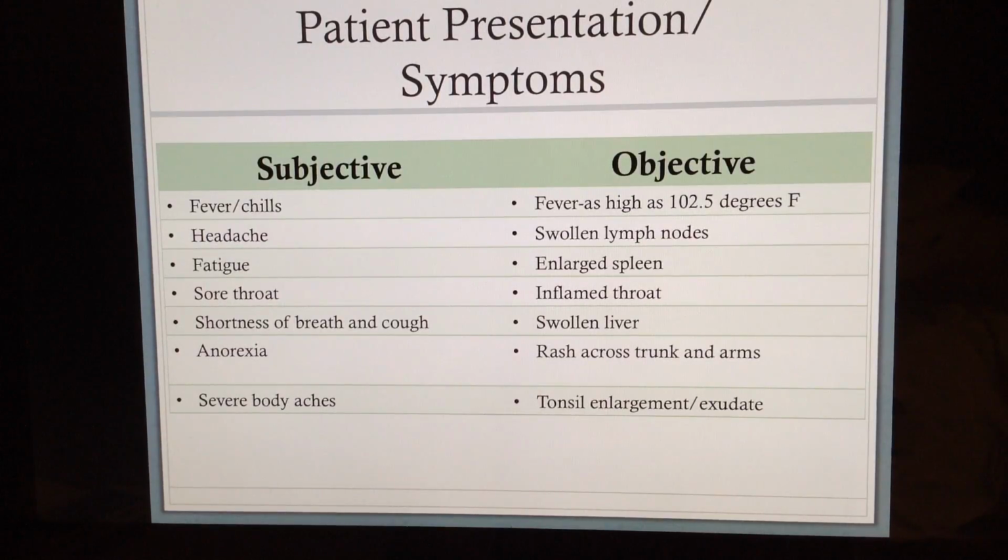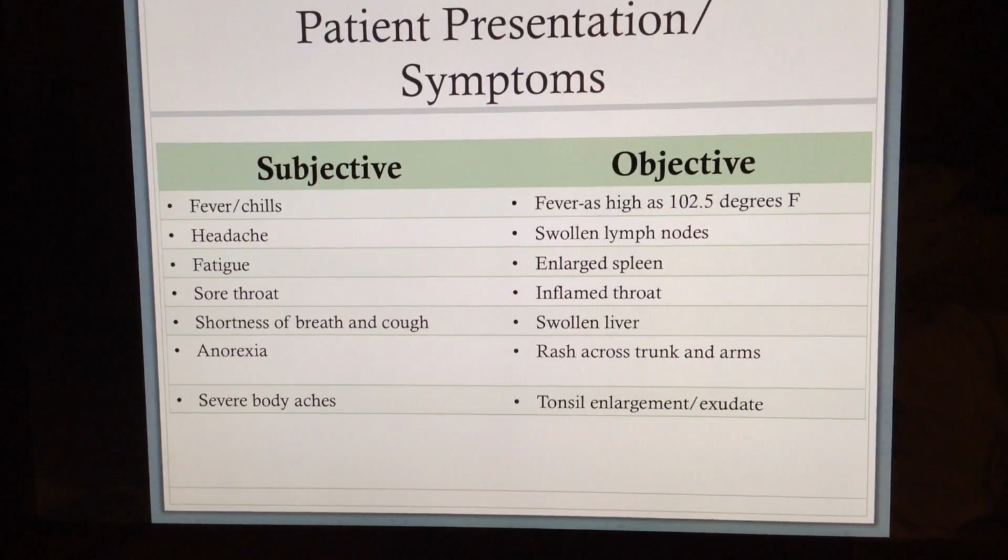And then findings on the right are fever in children and teenagers. It can be as high as 102.5 degrees Fahrenheit. They have swollen lymph nodes in the neck, and patients might have an enlarged spleen.